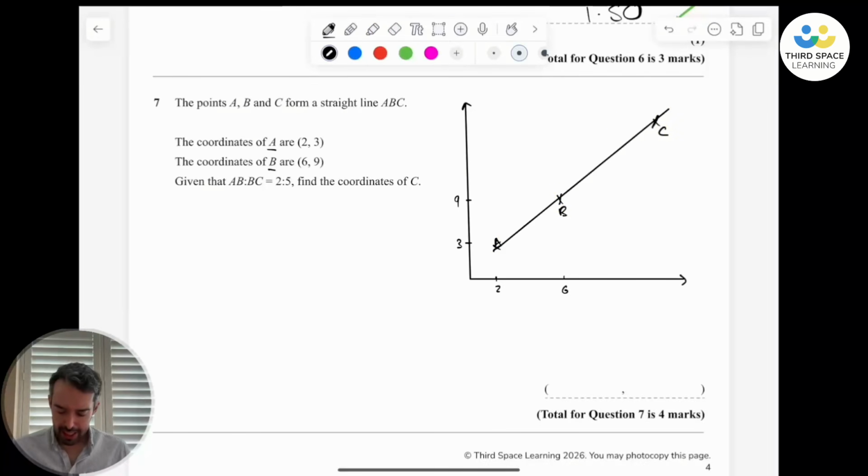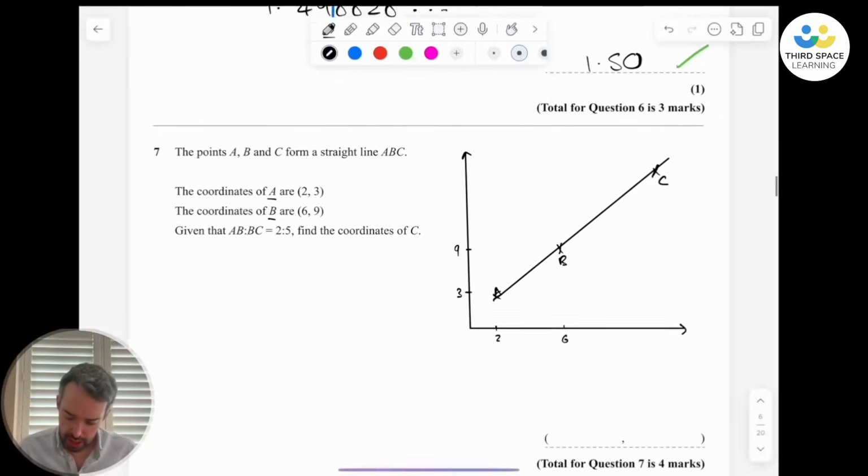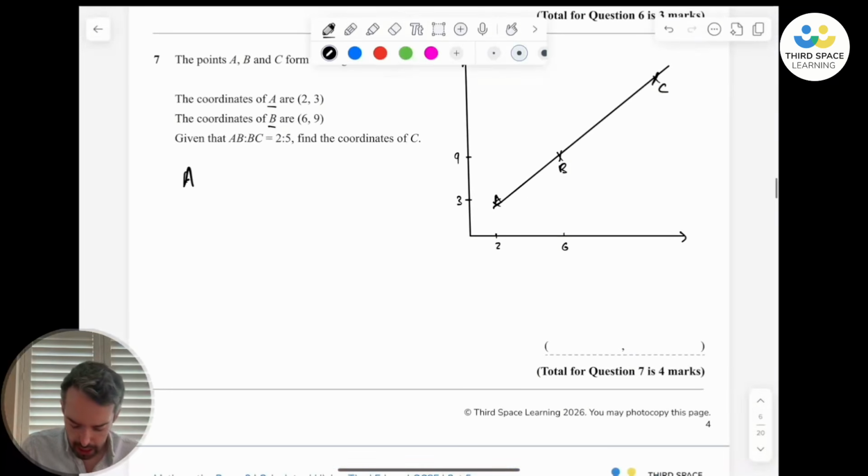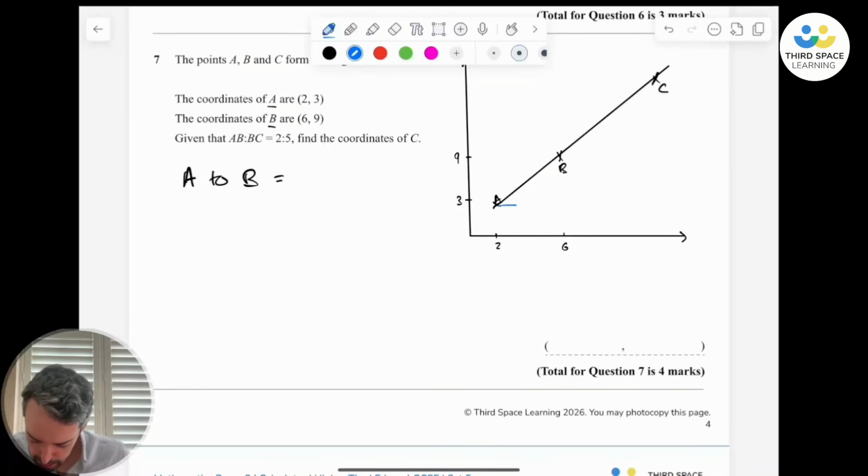So let's think about this. A to B, B to C is 2 to 5. So let's think about what it would take to get from A to B. Well, if we look at our diagram, to get from A to B, we need to go 4 this way, and then we need to go 6 this way. So that would be the vector 4, 6.